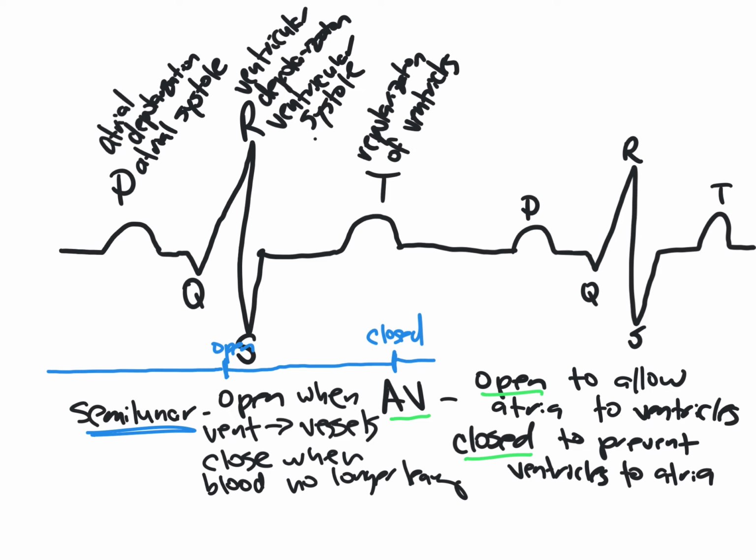So this means that your AV valves close at about Q and remain closed until that ventricle is relaxed again, at which time they'll open and then stay open until the next time the ventricle contracts.